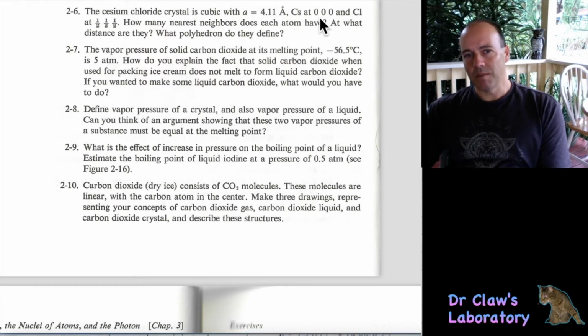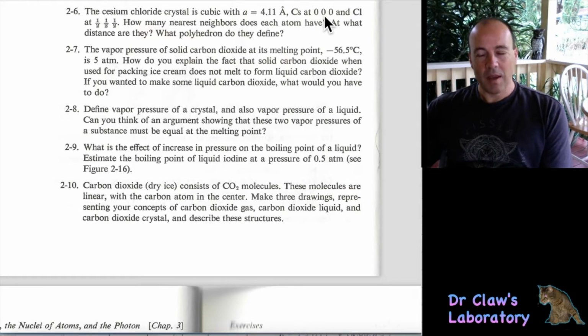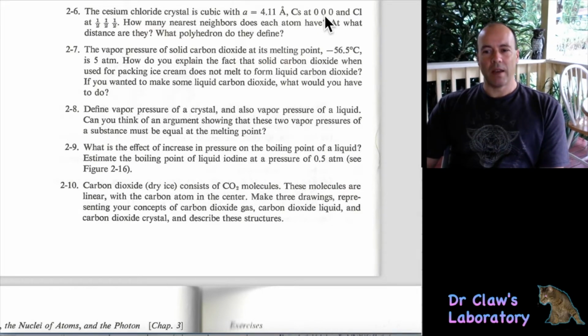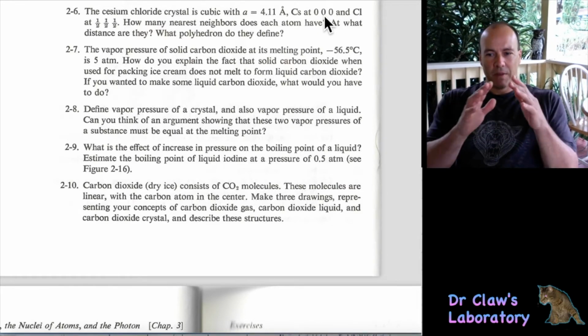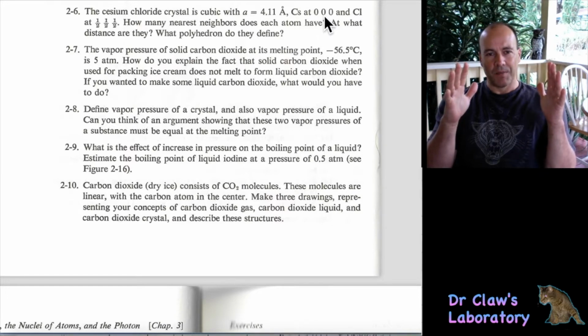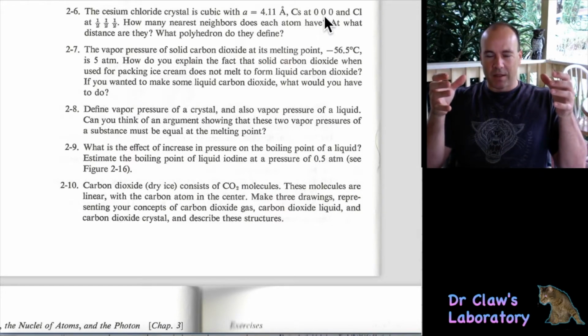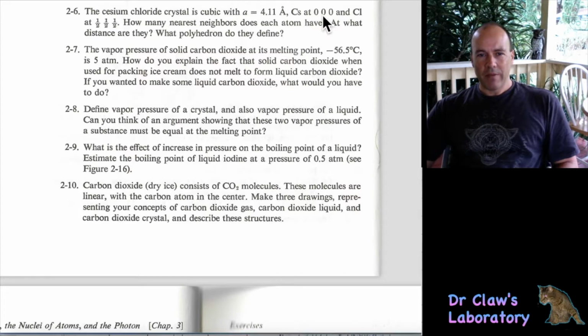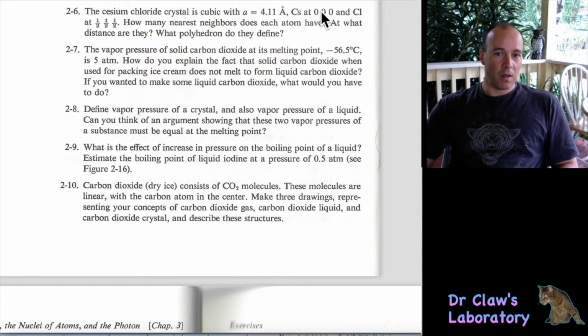Now, the cesium positions are at the origin, and if you can visualize this in your mind, think of a large cubic lattice, a bunch of boxes stacked together, and if you have a cesium at the origin of the first box, then that means there's going to be one at all of the corners of all of the boxes.